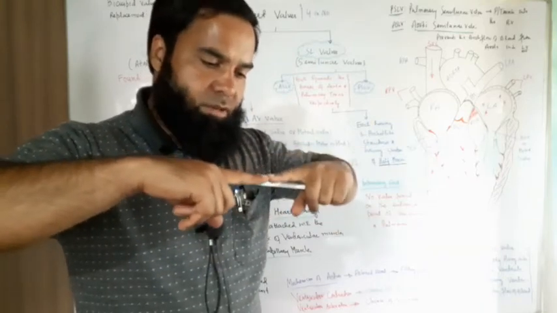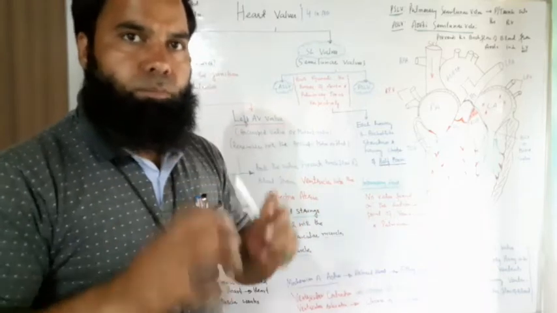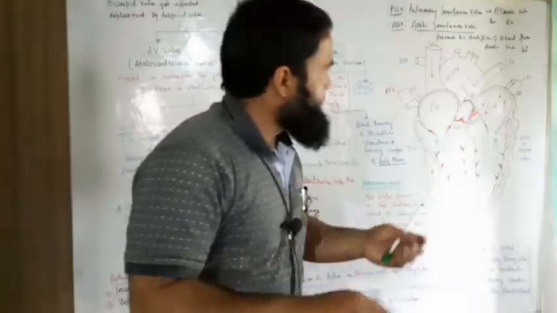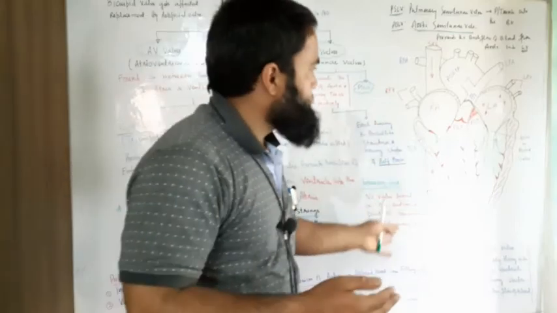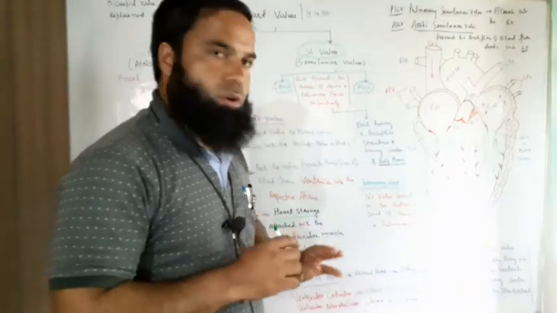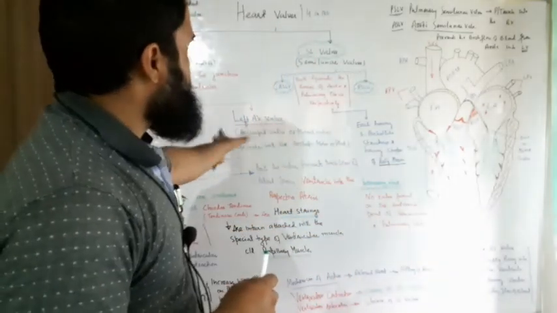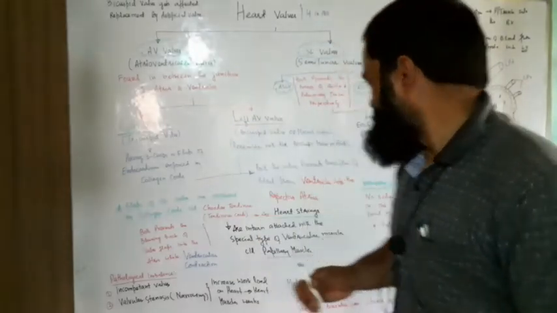When their cusps are filled with blood, they close, and this prevents the backflow of blood from the pulmonary trunk and main aorta into the respective ventricles. I hope that you got the information so far as this lecture is concerned.